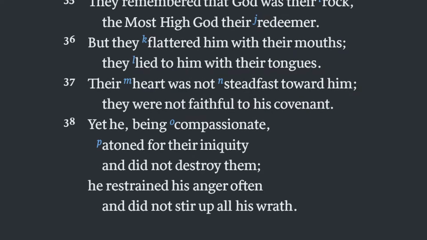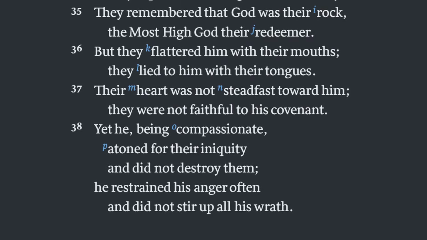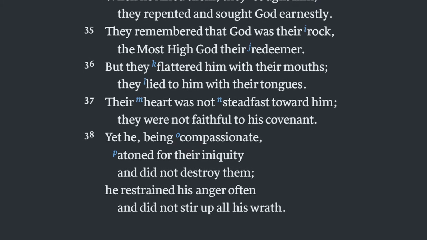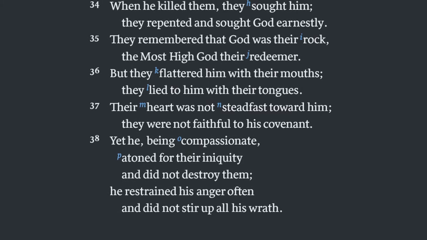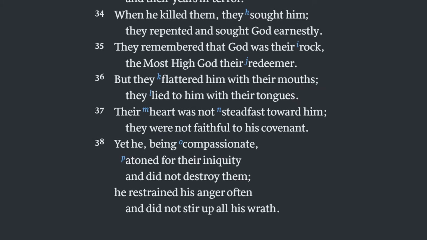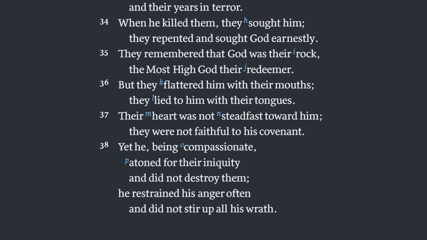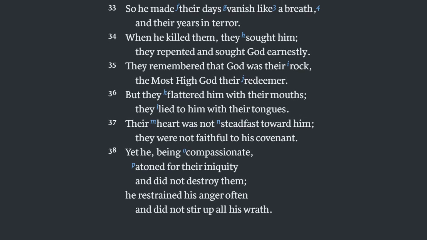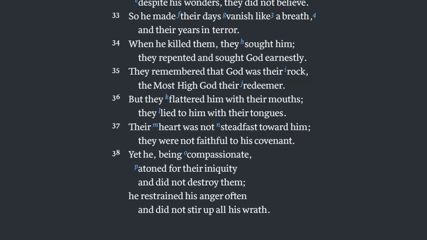So perhaps the center is verse 38, but even if it is 38, that is still very messianically significant, because that would put at the center of the Psalter, yet he being compassionate, atoned for their iniquity. So in a sense, that's like the central message of the entire Psalter.